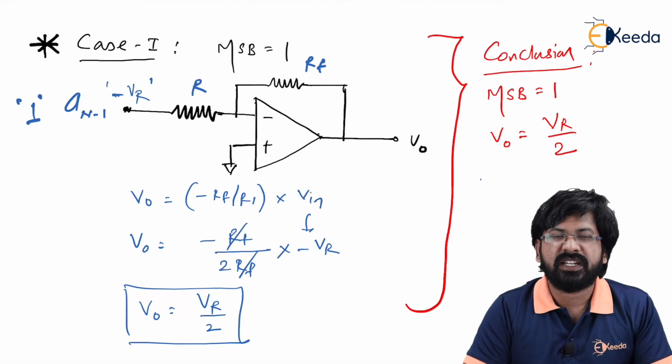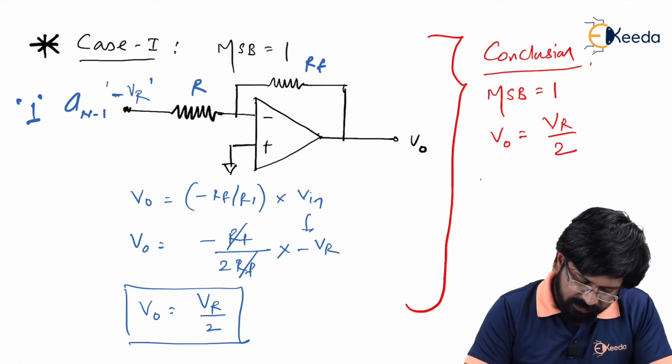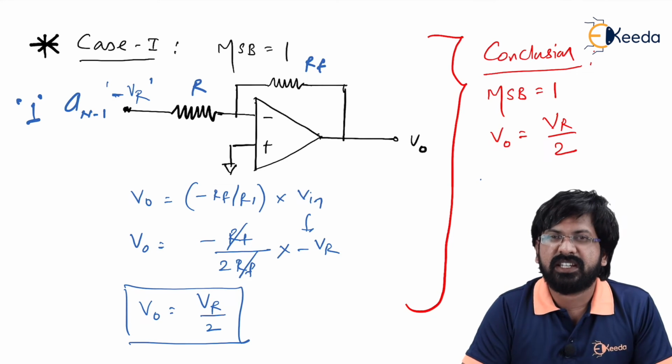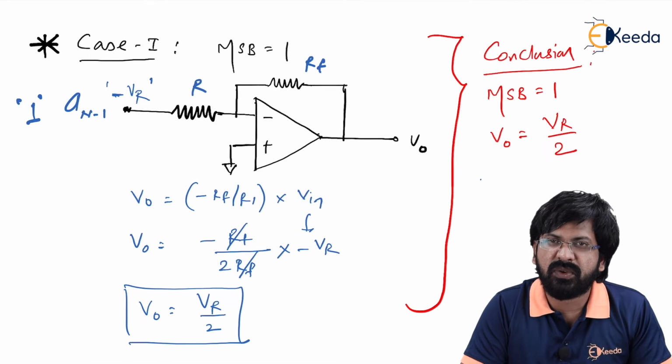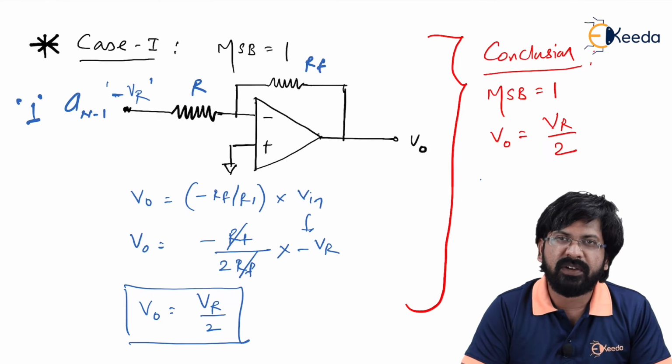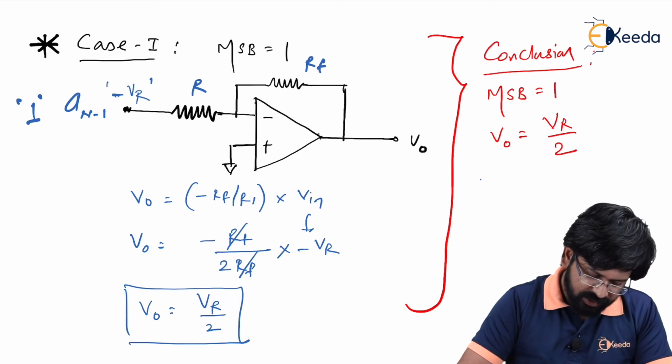Even for, let's say, a 4-bit DAC, you have input as 1, that is 10000. Then also you have output as VR by 2. Let's say if you have a 6-bit DAC, in that case it is 1 and all zeros. Even then you get V0 value is equal to VR divided by 2. Remember VR stands for a reference voltage which is applied for logic 1, right?